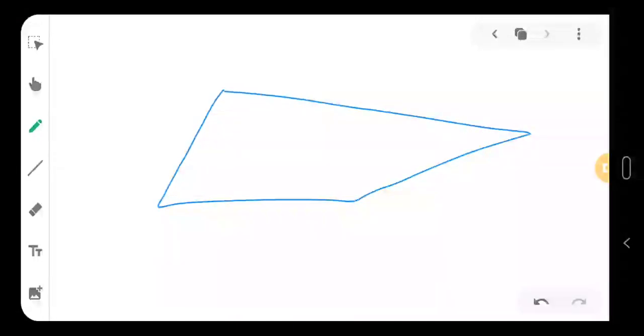Now let us look at some mathematics like that. Let's say I have something like this.